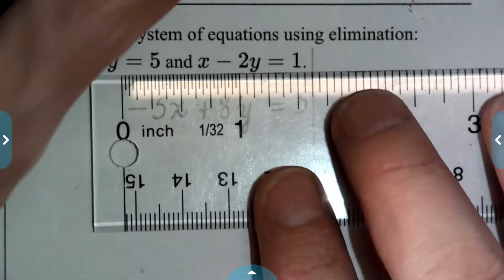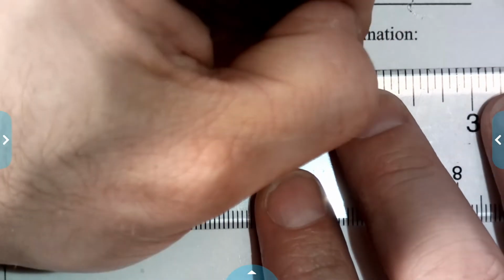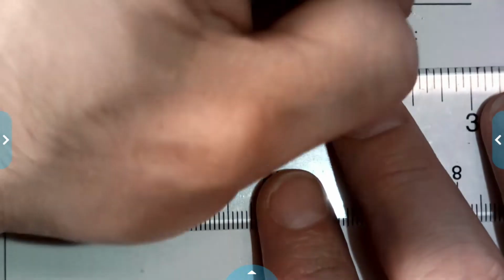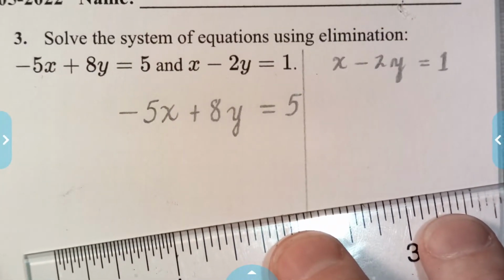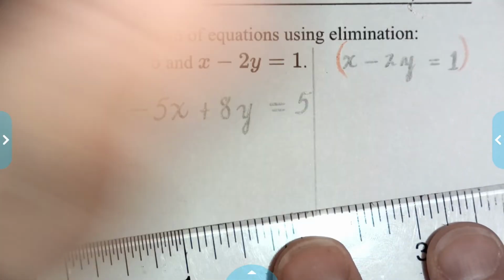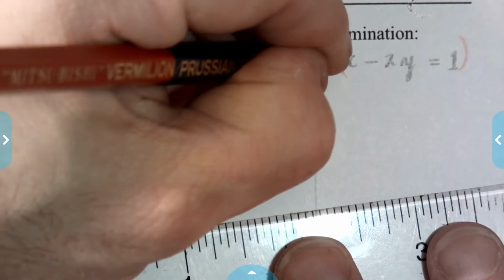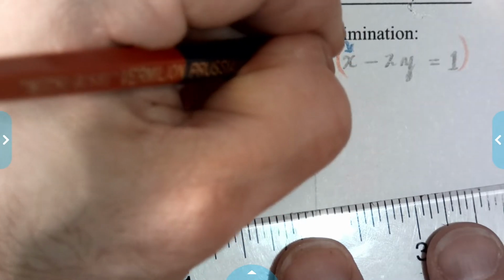So we have x minus 2y equals 1, okay? And what I'm going to do is multiply the whole equation by 4. Okay? And I'm going to distribute that 4.